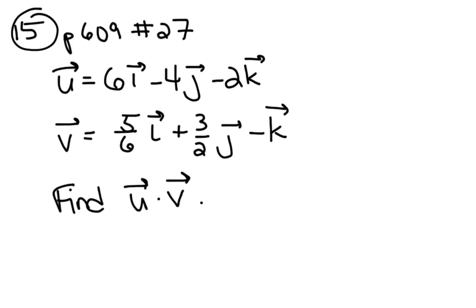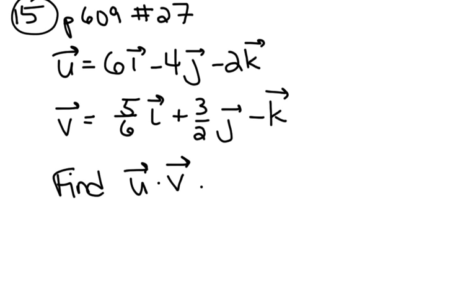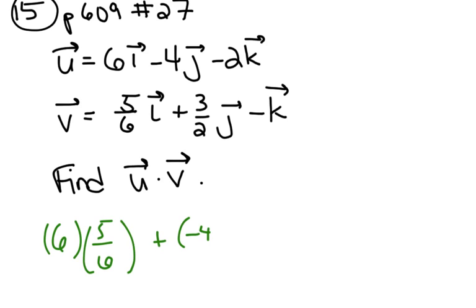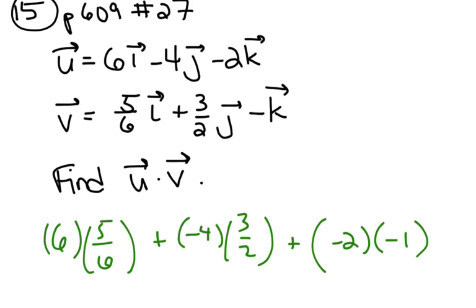In number 15, page 609, number 27, we are given 3-dimensional vectors u and v, and we want to find the dot product. Remember, this works like the dot product in 2 dimensions. The only difference is I have to deal with 1 more set of numbers. So I multiply the x components together, plus the product of the y components, and then add the product of the z components.